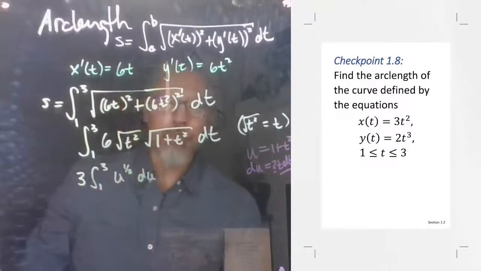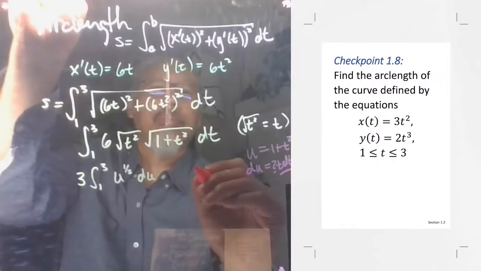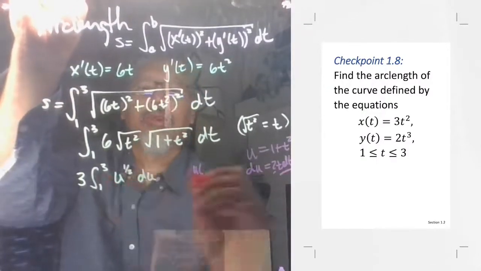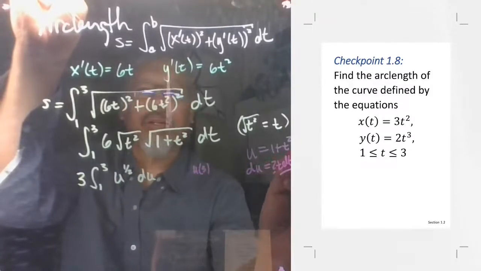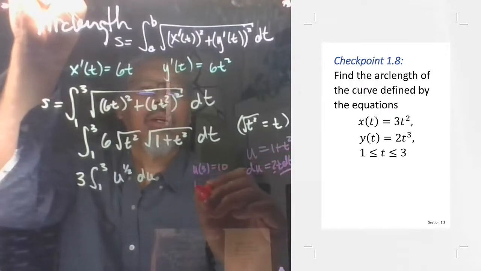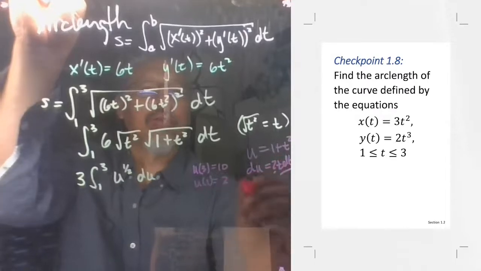Oh, I suppose we should take the time to change our limits as well. If we put 3 in for this substitution, we have 1 plus 9, that's 10. And if we put 1 in, we're going to get 2.